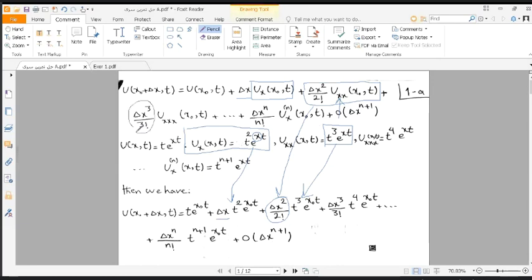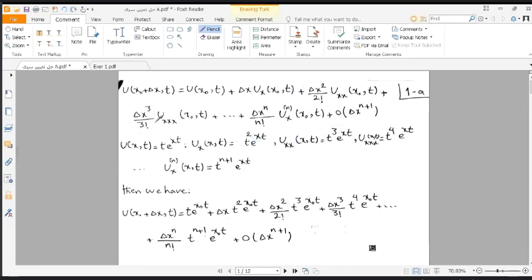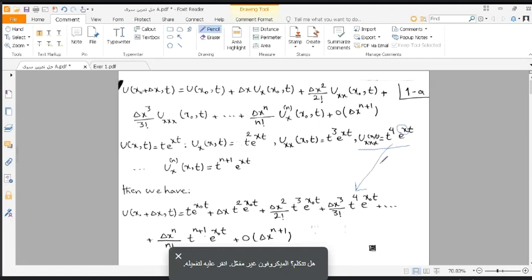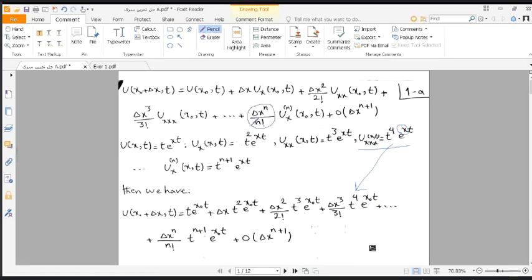For the third derivative of u respect x, for this u, we have uxxx equals t4 e power xt, and we put t4 e power x0 t, and we replace x0 instead of x, plus and so on until delta x n over n factorial, the nth derivative of u respect x of x0 and t.